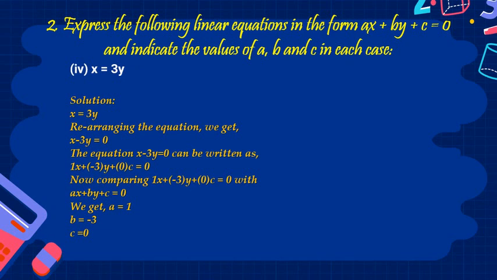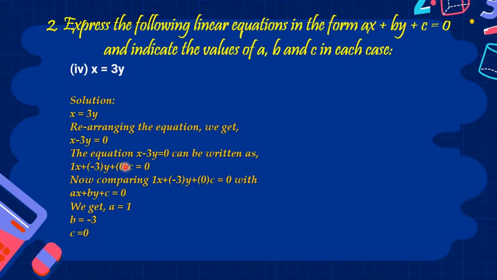See here, the fourth equation is x is equal to 3. We can write it as x minus 3y. Whenever there is no number before the x, it means there is 1x, that is 1x minus 3y plus 0 c.